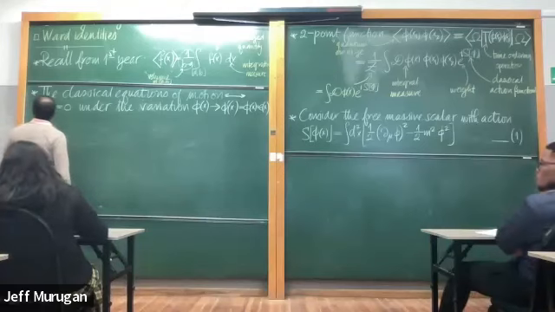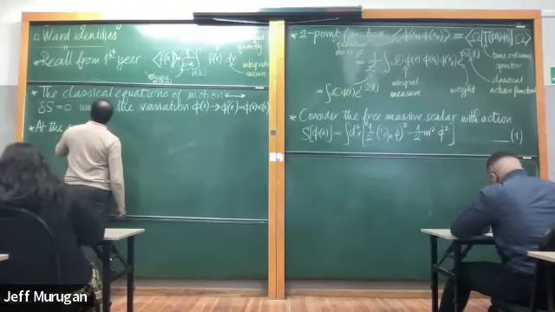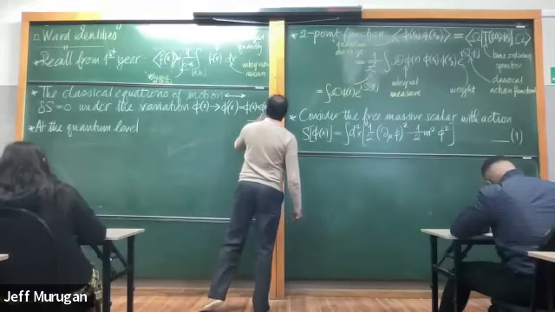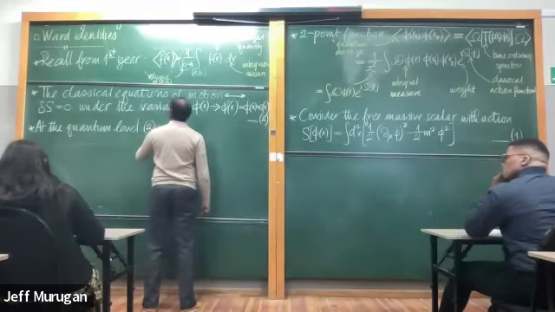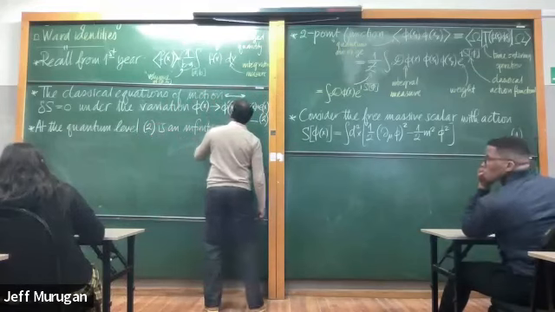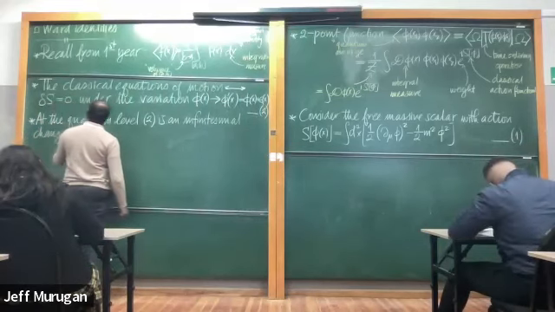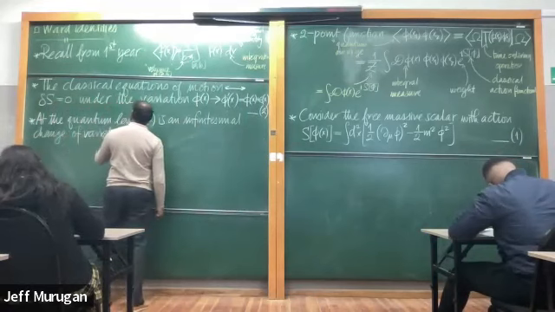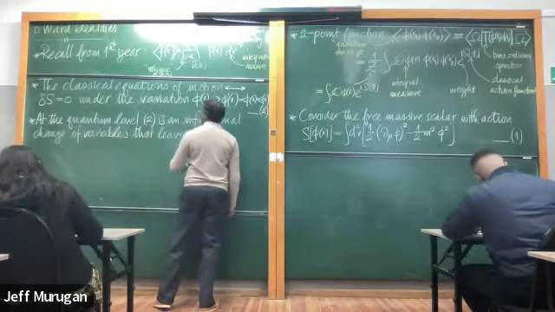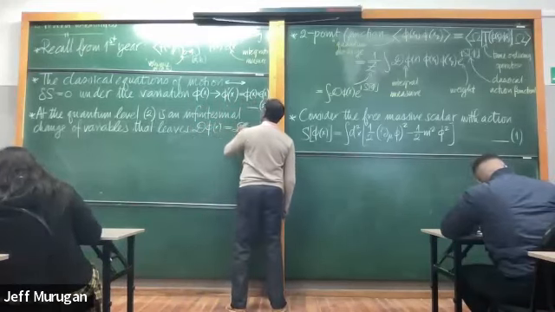So at the quantum level, this is an infinitesimal change of variables that leaves the integral measure d phi of x equal to d phi prime.